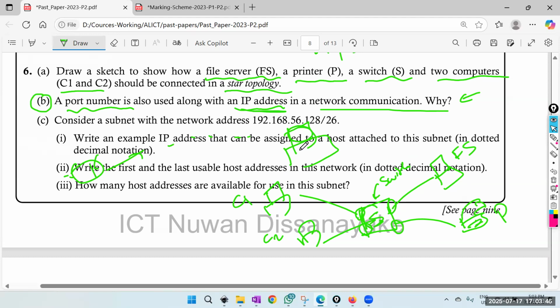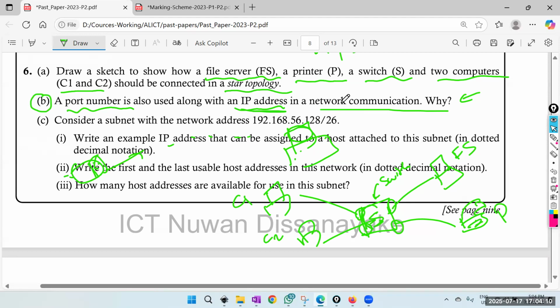Now the OS needs to decide to which application it should give this data packet, because that machine may be running so many applications. So that is where the port number is. For example, if the port number of the data packet says 80, and if this machine is running a web server, that data packet is given to the web server.